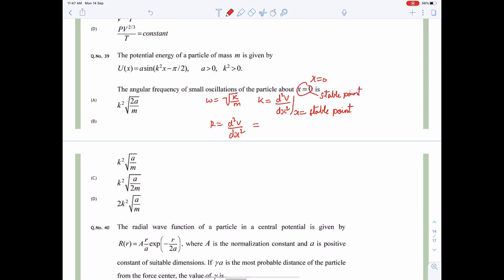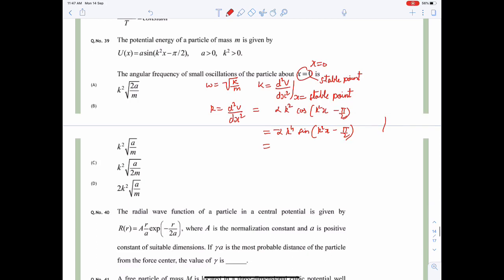So now you can solve this, alpha sin k square x. Alpha square k square will be out, and it will become cos of k square x minus pi by 2, one time differentiation. Next time I will get alpha k4 minus sin of k square x minus pi by 2. Now you have to calculate at x is equal to 0.